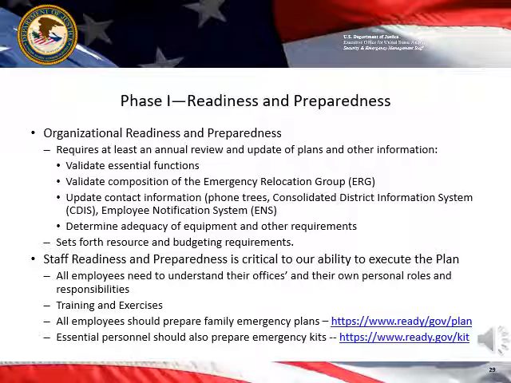The Assistant Director, Security and Emergency Management staff manages security and response activities for any EOUSA-specific emergencies not centrally managed by the Department of Justice. To address staff readiness and preparedness, all EOUSA personnel must also prepare individually for a continuity event. EOUSA personnel should plan what to do in an emergency and should develop a family support plan to increase personal and family preparedness.